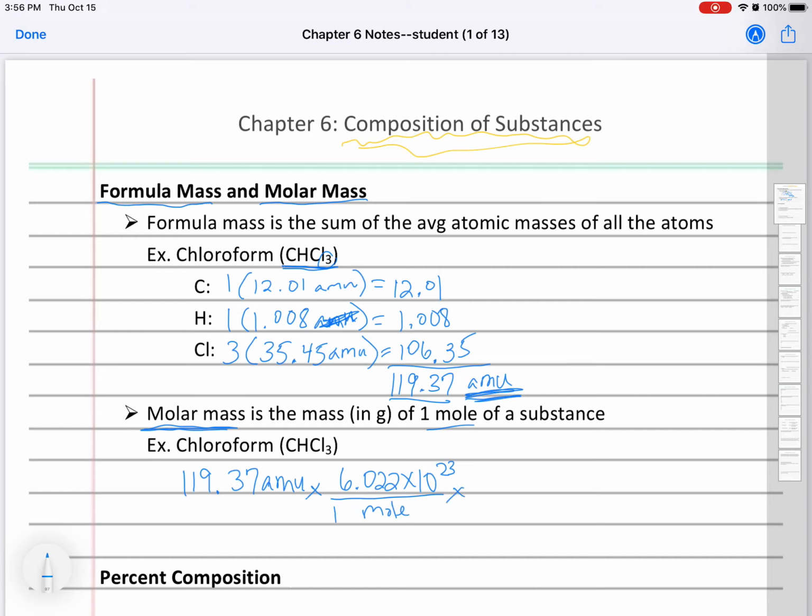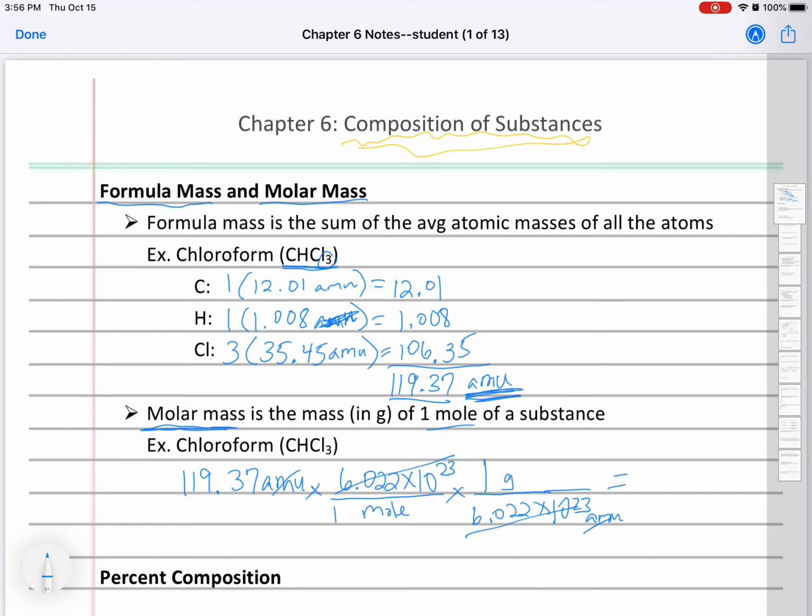And then if we want to convert the atomic mass units to grams, we need to use the conversion factor for that. And guess what it is? 1 gram is 6.022 times 10 to the 23rd atomic mass units. All right, so these numbers end up canceling out, as well as our atomic mass units.